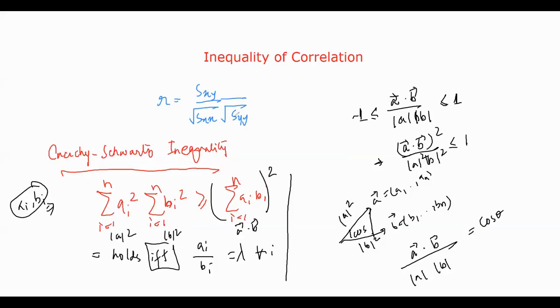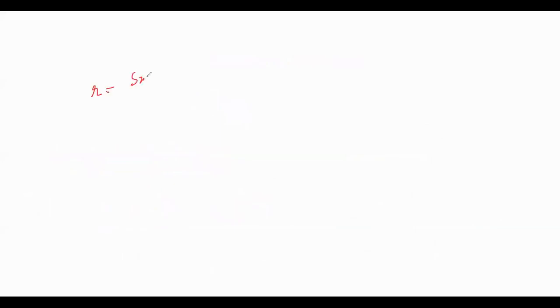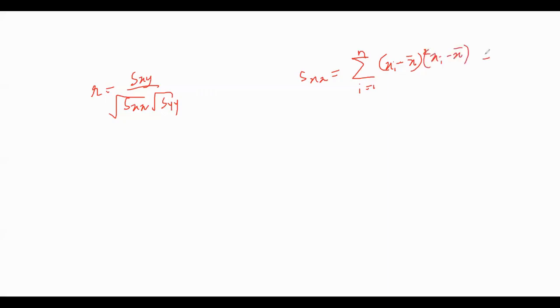We will see how it's related here. We'll prove, as I already told you. Let's try to understand this. r is equal to Sxy over the square root of Sxx times Syy. Sxx is what? It's the summation of xi minus x bar, i from 1 to n, whole square. So it's the product of the x quantities, the modulus of the x quantities.